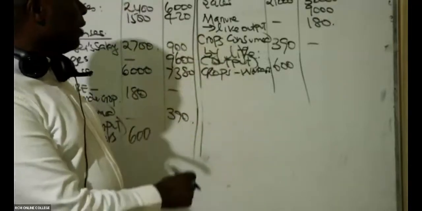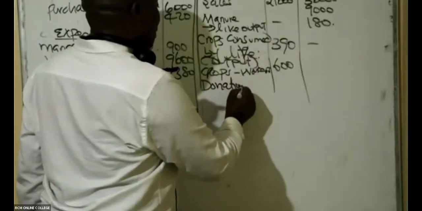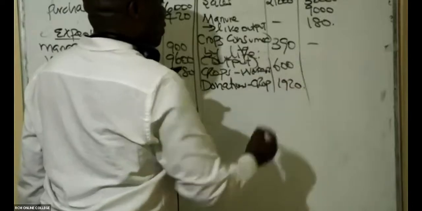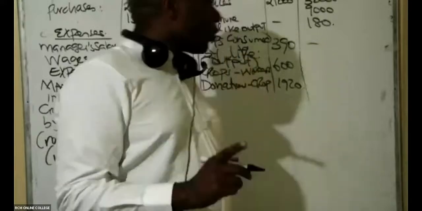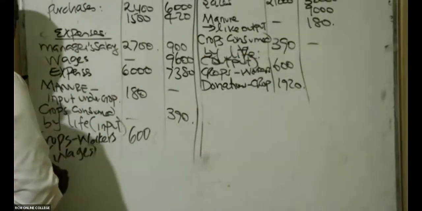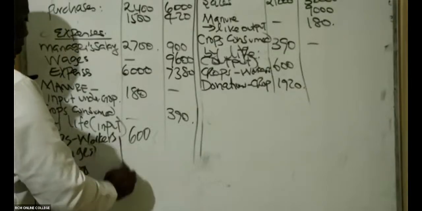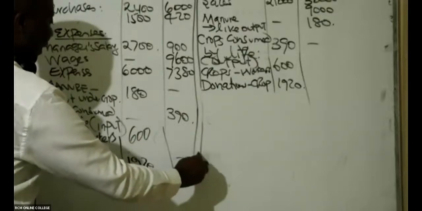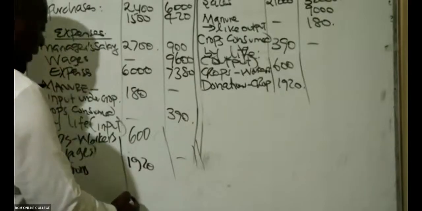So we have donations, crops worth 1920. Donations shall always be expensed. Donations shall always come under the expense section. So come and tell us donations. Under crops, you simply mention 1920 like that. And that is it.